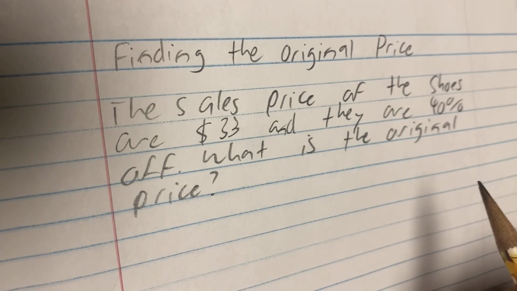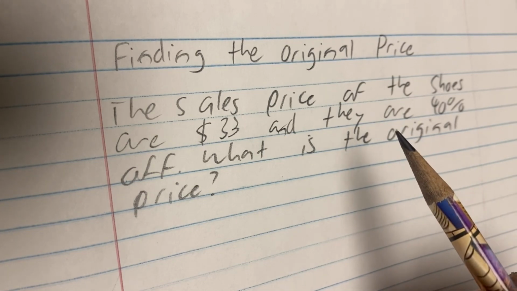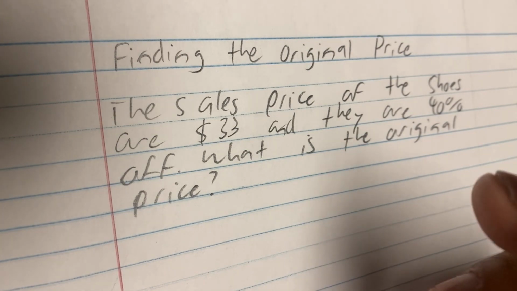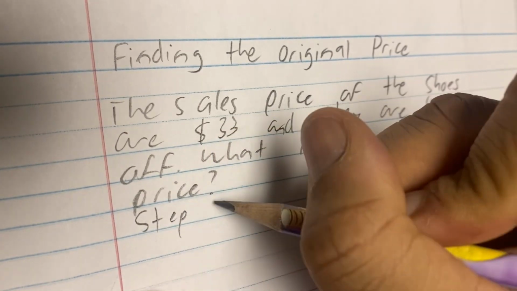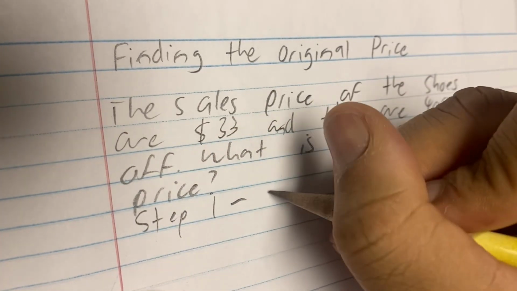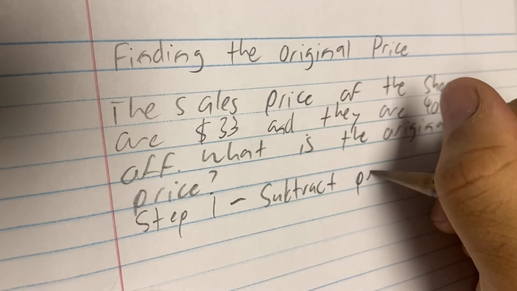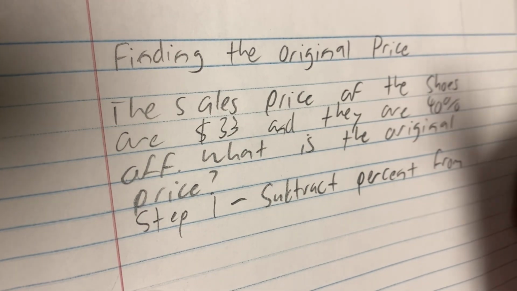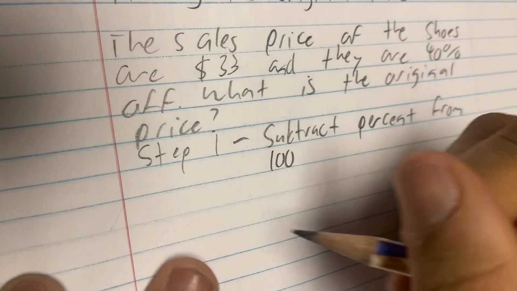So let's keep on going. To answer this question, the very first thing you have to do is subtract the percent from 100. So step 1, subtract percent from 100.